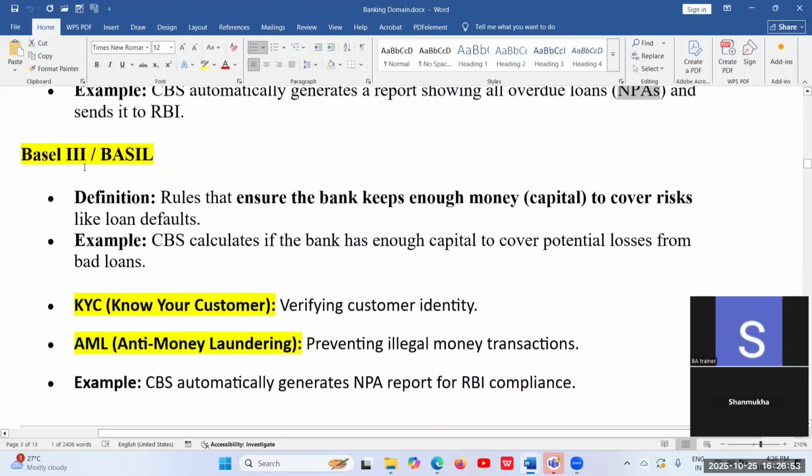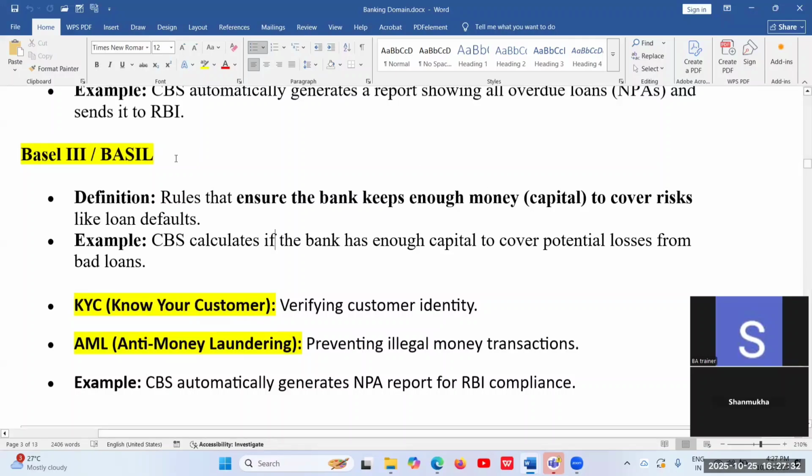And this Basel 3. Basel means rules that ensure that banks keep enough capital to cover risks like loan defaults. So they need to keep a certain amount aside, which will definitely help them to save from the risk. For example, if the bank has to pay certain lakhs or crores to customers, or any risk occurs, the bank definitely needs to maintain a hefty amount.